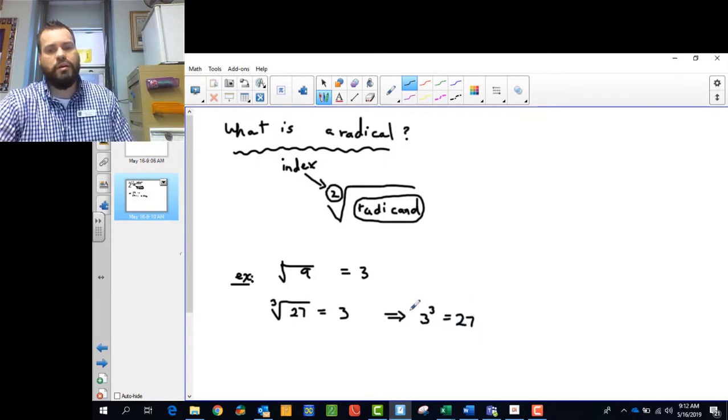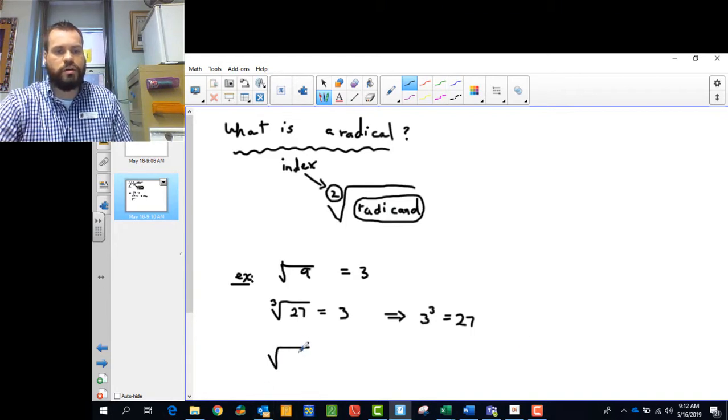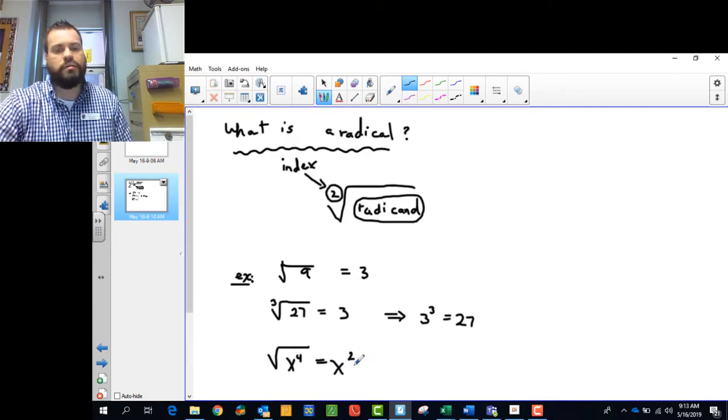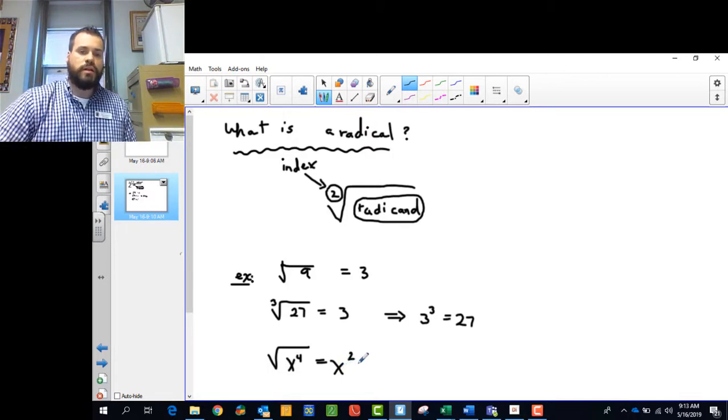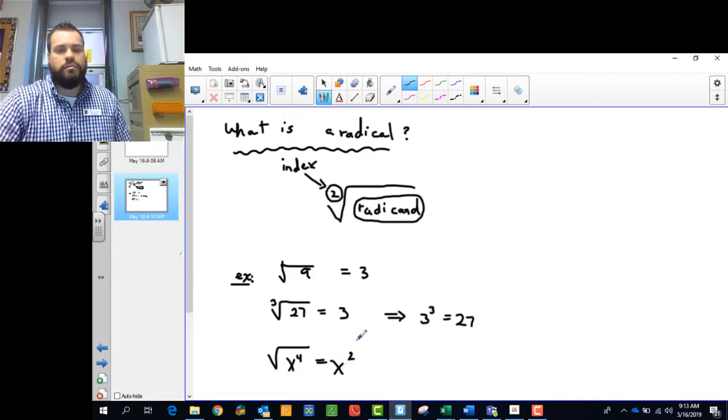So you can see different values on the index and different things in here, and you'll see we're going to even do things where we're going to say, what's the square root of x to the fourth, for example, and you'll have to know that that's x squared. Okay, and we'll get to why that's the case in one of the videos, but that's the idea of what is a radical. What are we talking about? So when we're talking about radical expressions, we're talking about index, then the root sign, and then the radicand.